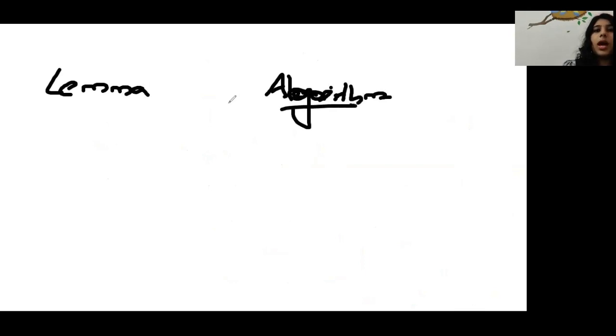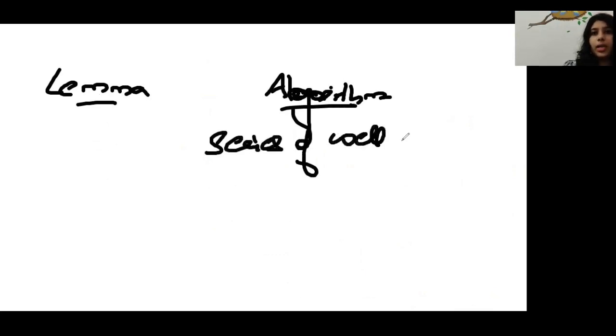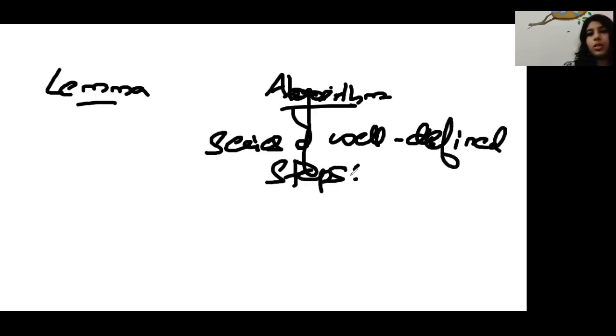What do you mean by lemma? Anybody know? Have you heard of algorithm? Algorithm and lemma are two different things. Algorithm means a series of well-defined steps you can perform to solve a problem.